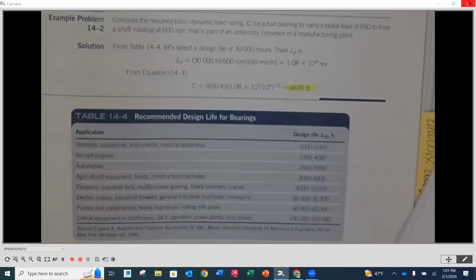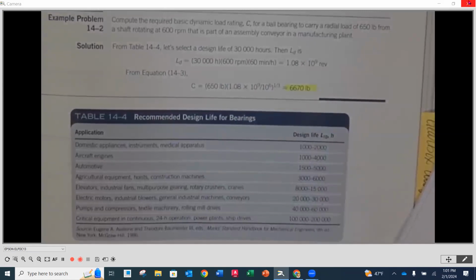Take a chance to plug that in. If you're done, did you get 6,670 pounds?